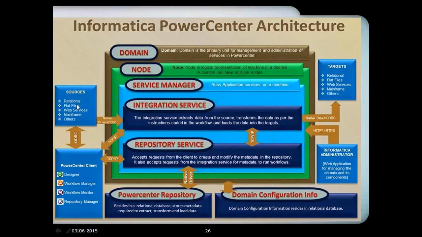Sources indicates we can use disparate sources, as I said in the initial slides. Sources like relational tables, flat files, web services, mainframes, others. So many things we can use as a source for a mapping and for Informatica projects.